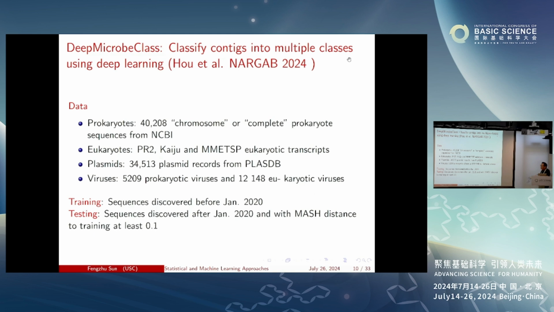We have collected the prokaryote data, the eukaryote data, and plasmid. For viruses, we collected prokaryote viruses as well as eukaryote viruses. So those are the 5 major classes of sequences.